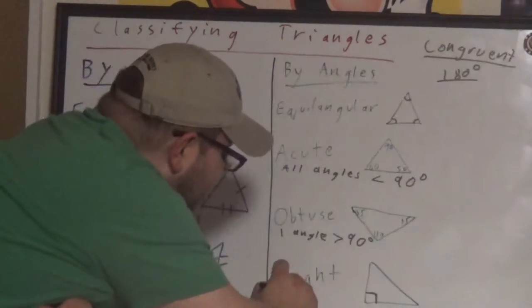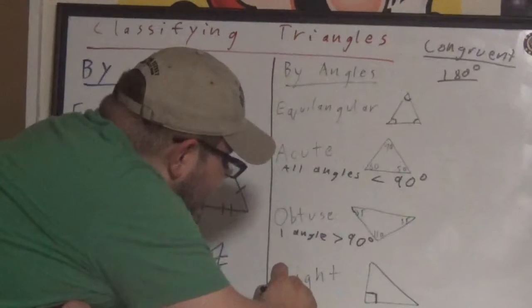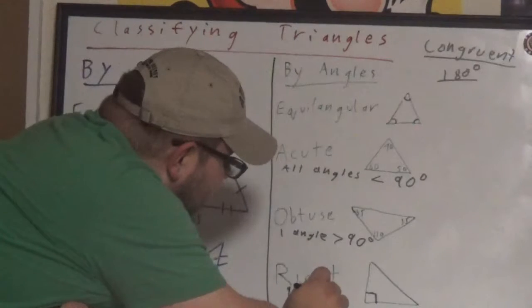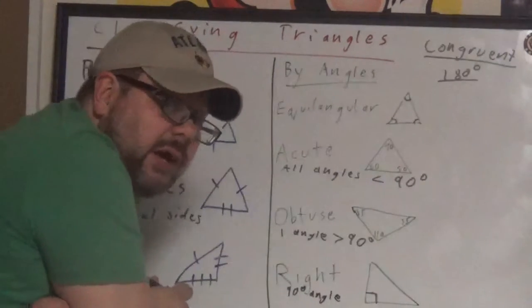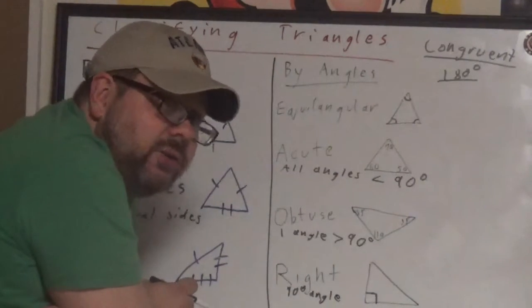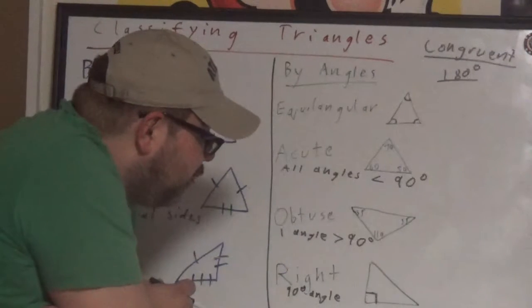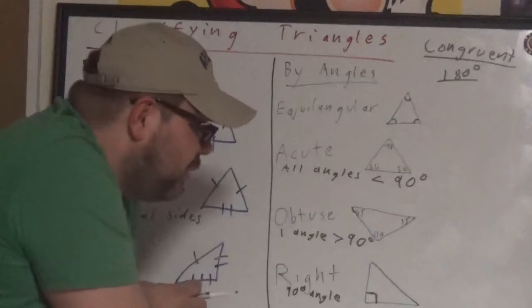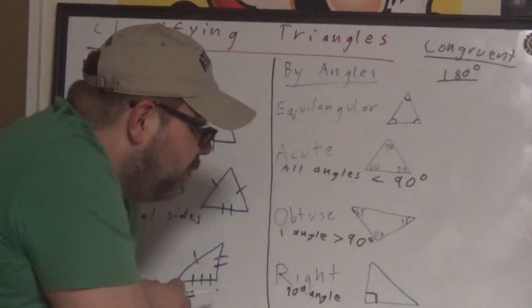So a right triangle has a 90-degree angle. Well, that makes sense if you know that a 90-degree angle is called a right angle. Therefore, a triangle with a 90-degree angle in it is called a right triangle.